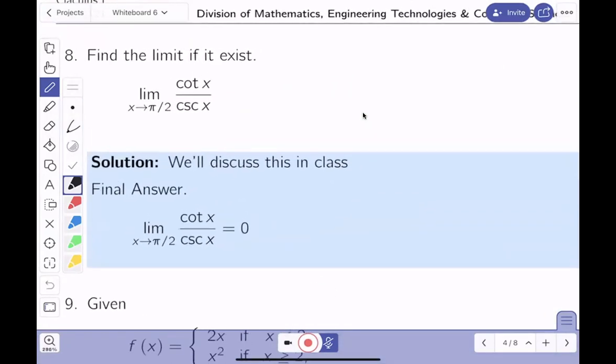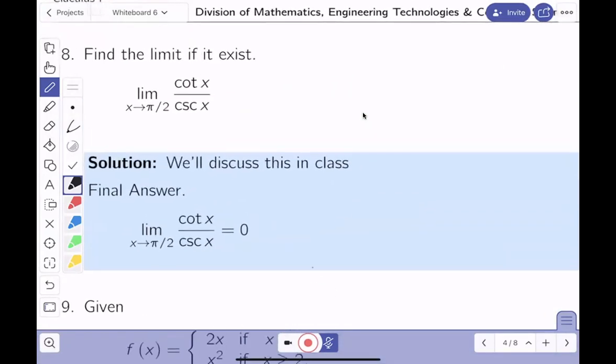Number 8 looks like a nightmare to me. My understanding of these nightmares, for me anyway, is that I don't like the cotangent and I don't like the cosecant, so I'm going to rewrite it into a form that I prefer. I actually prefer sines and cosines, but again, your mileage may vary. You may say, I prefer something else. But the cotangent is actually cosine of x over the sine of x, and the cosecant on the bottom is just sine x.